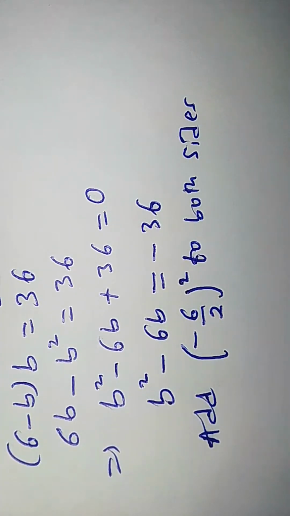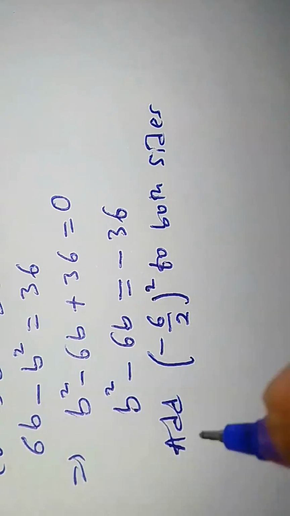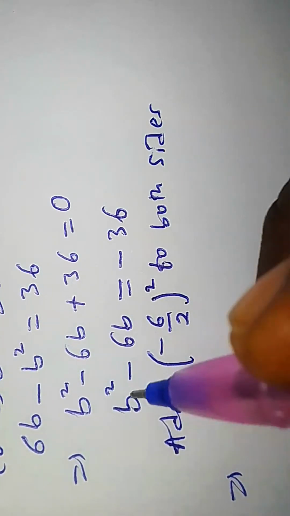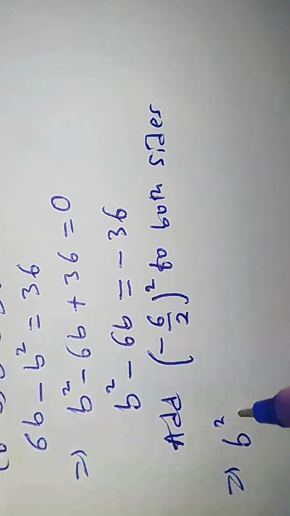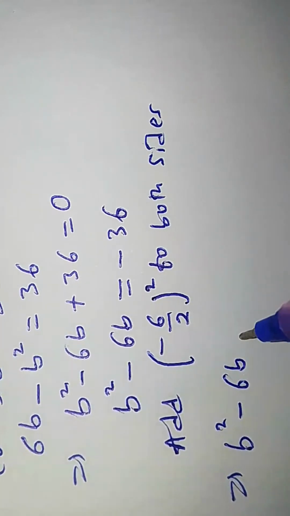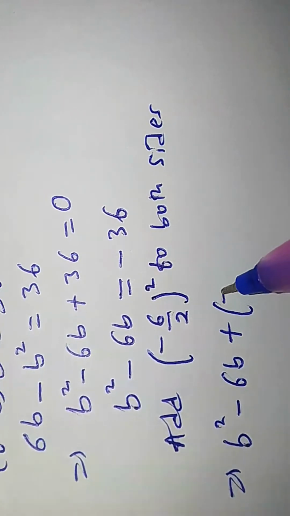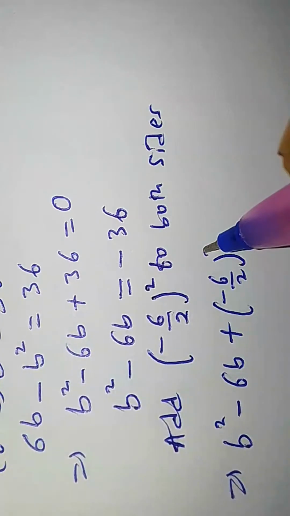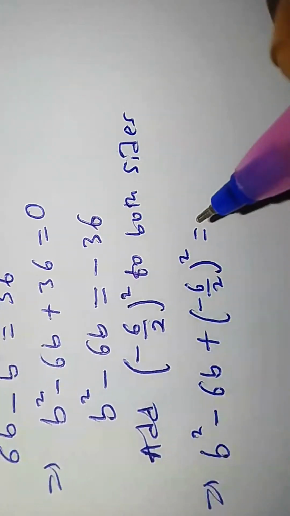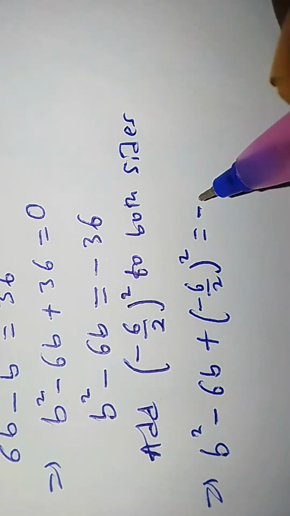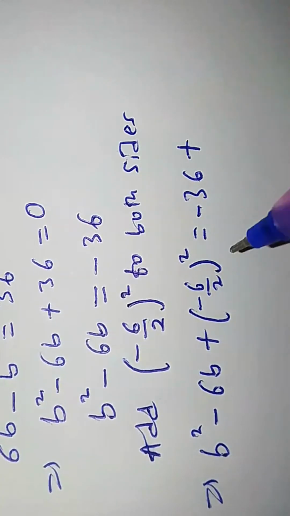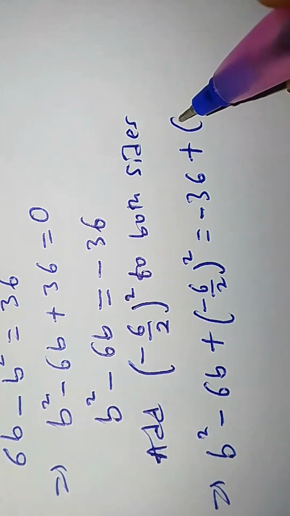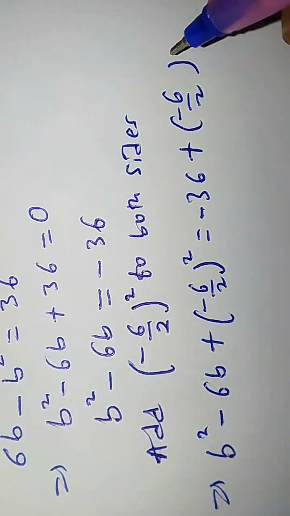So that's the second step in completing the square method. Doing that, we're going to have b squared minus 6b plus minus 6 over 2 all squared equal to the right hand side minus 36 plus again minus 6 over 2 all squared.